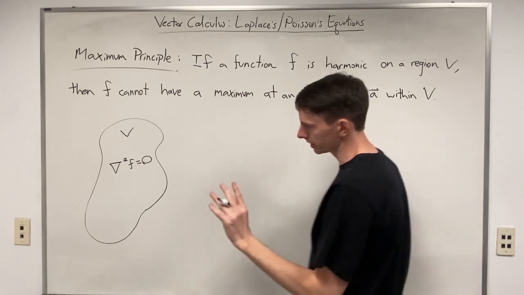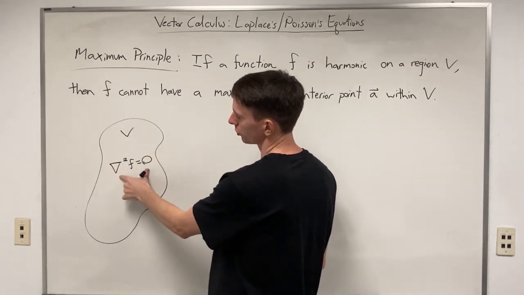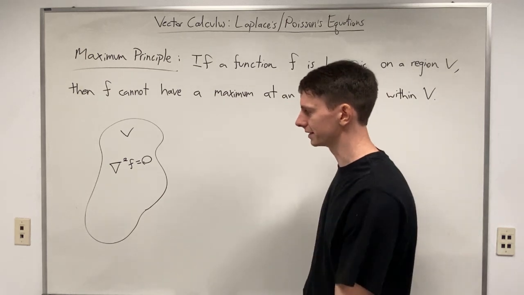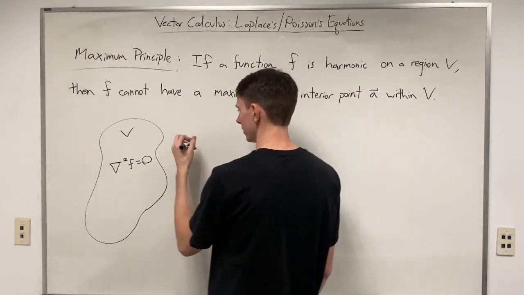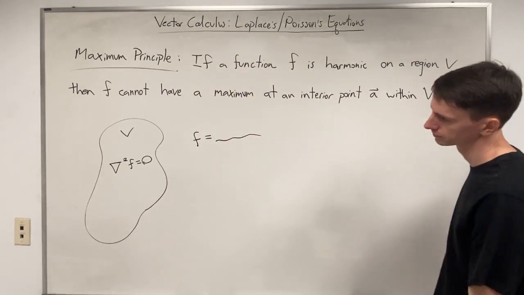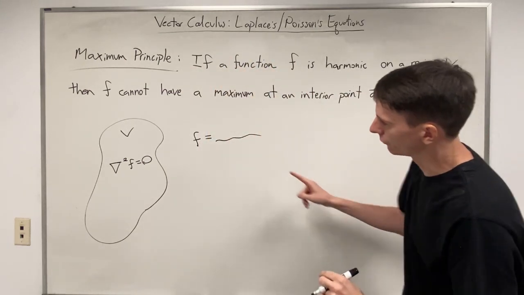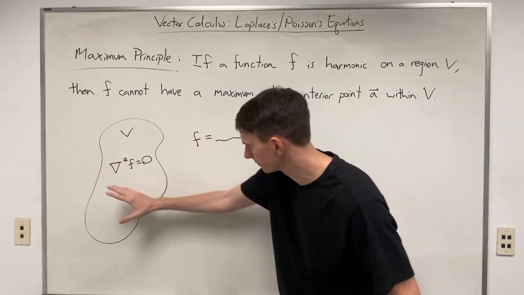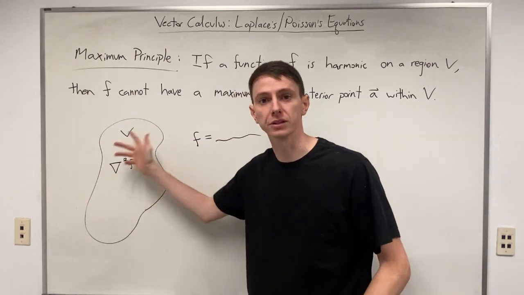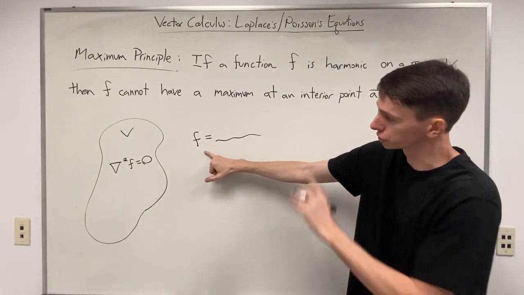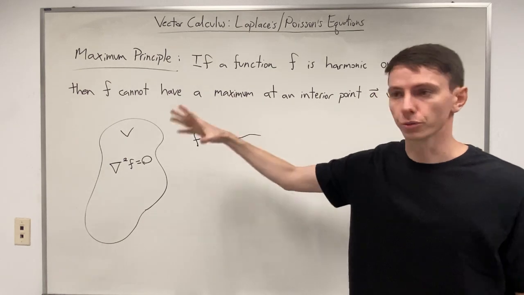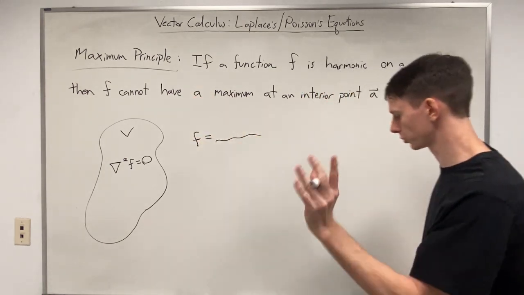So suppose Laplace's equation is satisfied within this volume, and then suppose that using techniques of PDEs, you were to solve this, and the solution is f equals something. If you were to plot out the value of f for the points within this volume, then this function f, the solution to Laplace's equation, would not have a local max or local min within the volume. And that's what we're going to prove.